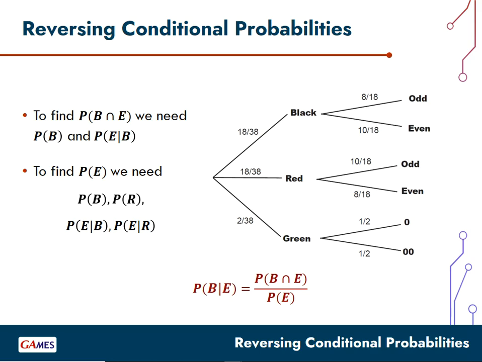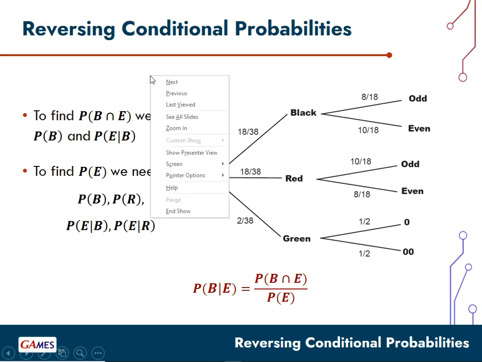We don't have the probability of E. Instead, what do we have on this probability tree? We have probability of B given E?